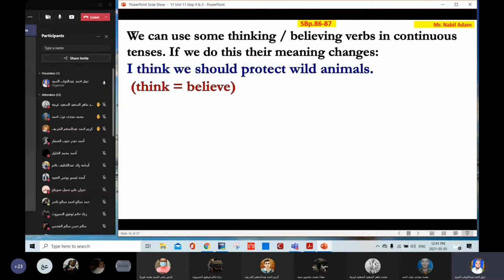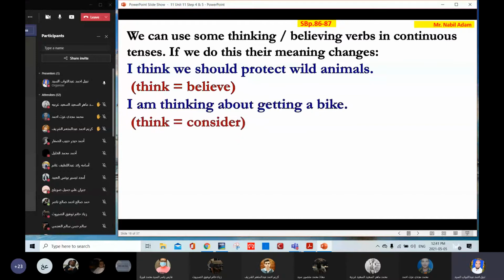But I'm thinking about getting a bike. I'm thinking here means I'm considering. I'm having it in my mind at the moment. أنا بفكر في شراء دراجة now. If the verb think means I consider, this is something temporary, شيء مؤقت. But I think, I believe is a permanent opinion, رأي دائم.